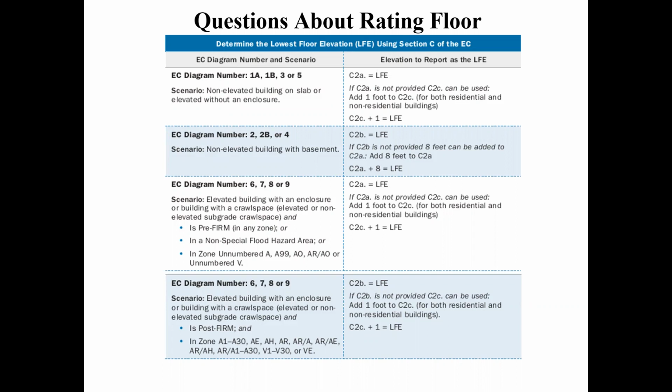So if it's the pre-firm or non-special flood hazard area and the approximate floodplain, then it's the C2A. And if it's a post-firm and it's in one of those combinations or the numbered A zone or numbered V or VE, it's the next higher floor. So that's the C2B. And so that's how they're using the elevation certificate a little bit.